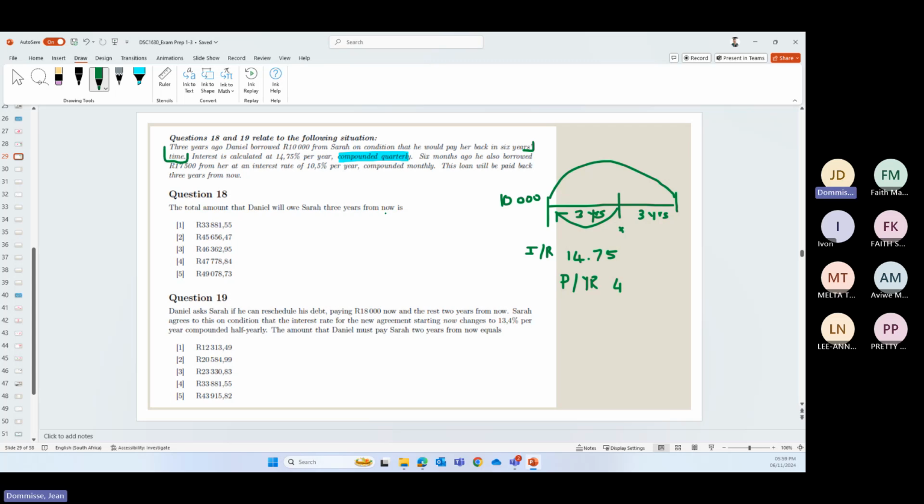Okay, so that tells me we need to also add the 17,500. So let's do that in another color. So 6 months ago, he borrowed 17,500.